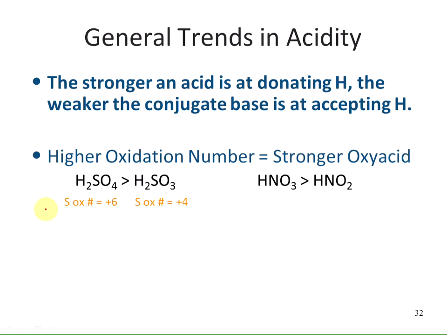The oxidation state of the sulfur is +6 in the sulfuric acid, and in the sulfurous acid, the sulfur oxidation state is +4. Now hopefully you remember how to determine the oxidation states. So if we want to do this, let's do this real quickly. For example, the hydrogens are +1, we don't know the oxidation state of the sulfur, that's what we're trying to determine.